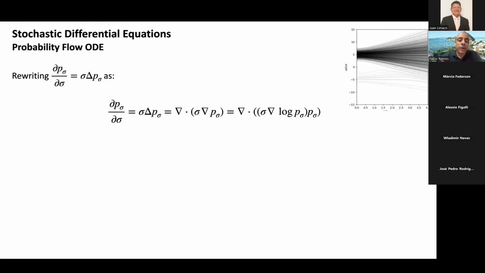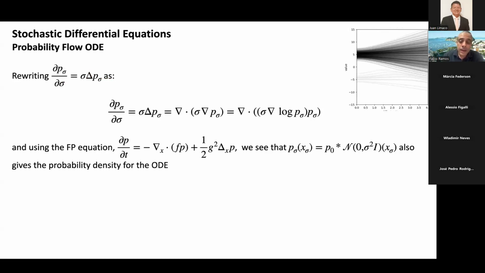Now, when you look at this equation, right, my PDE, I can write this in this funny way. The Laplacian is the divergence of the grad, and then I use this log trick. The grad of P is the grad of log P times P, right? And I use, again, the Fokker-Planck equation.